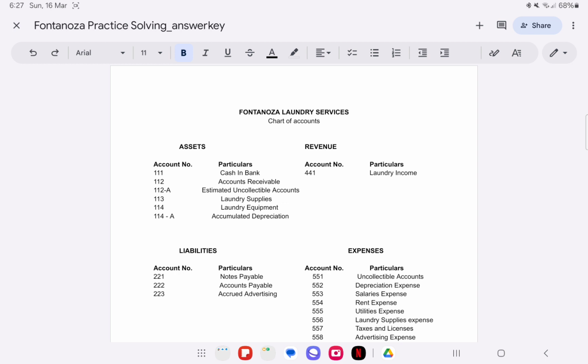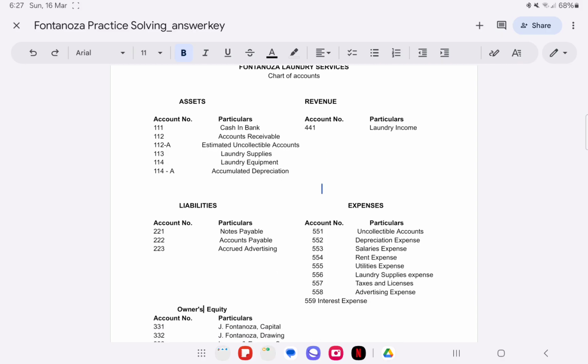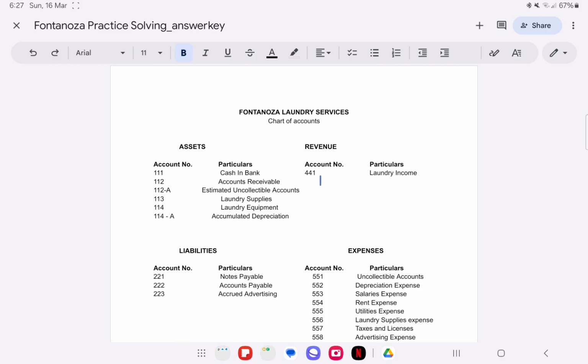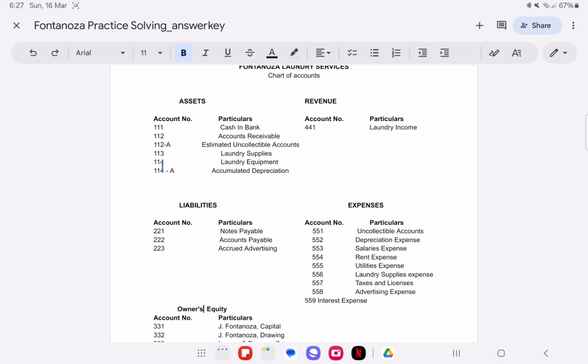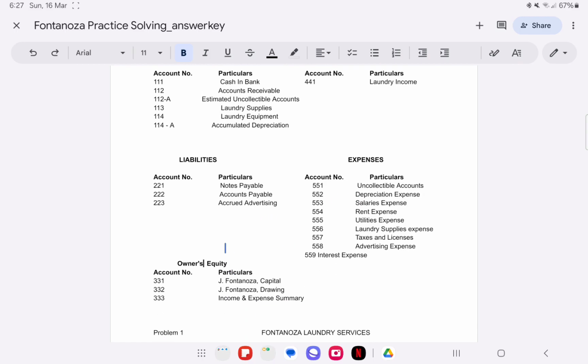Again, this chart of accounts is really important, so you should familiarize yourself with all the assets, revenue, liabilities, expenses, and owner's equity.